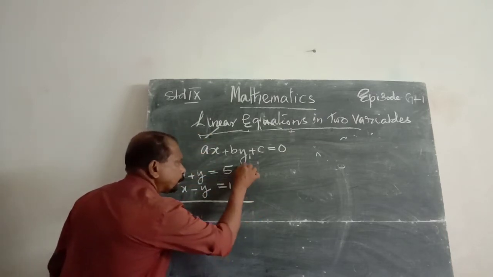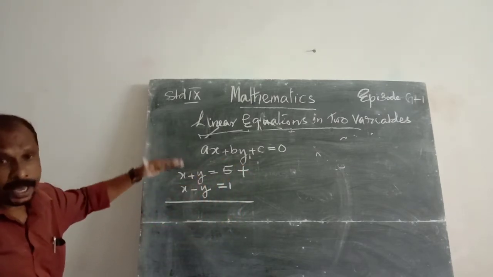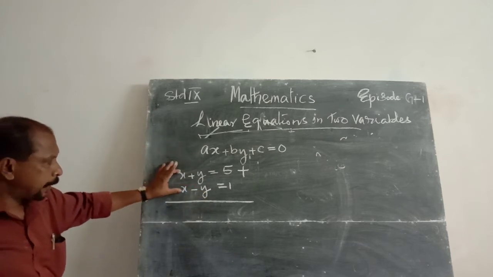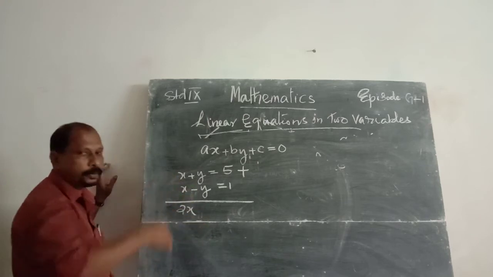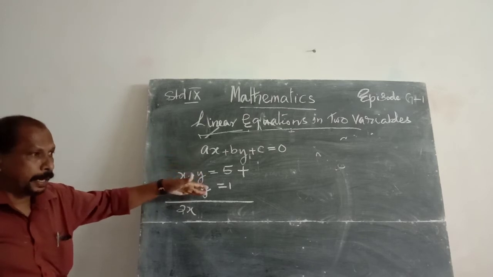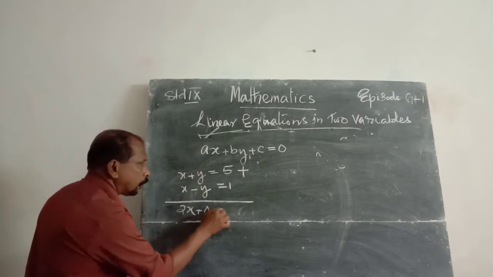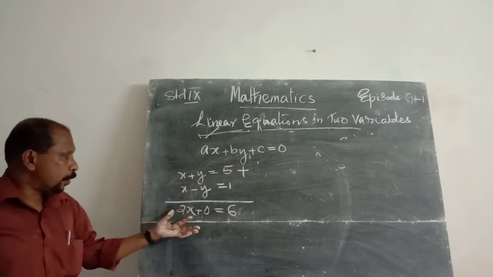Adding these two, x plus x is what? 2x. And y plus minus y cancels, that means it is 0. 5 plus 1 is equal to what? 6. That is 2x equal to 6.